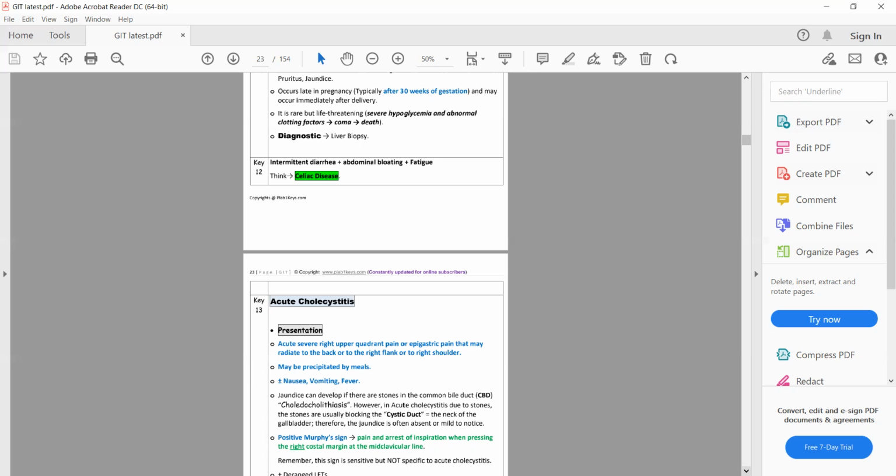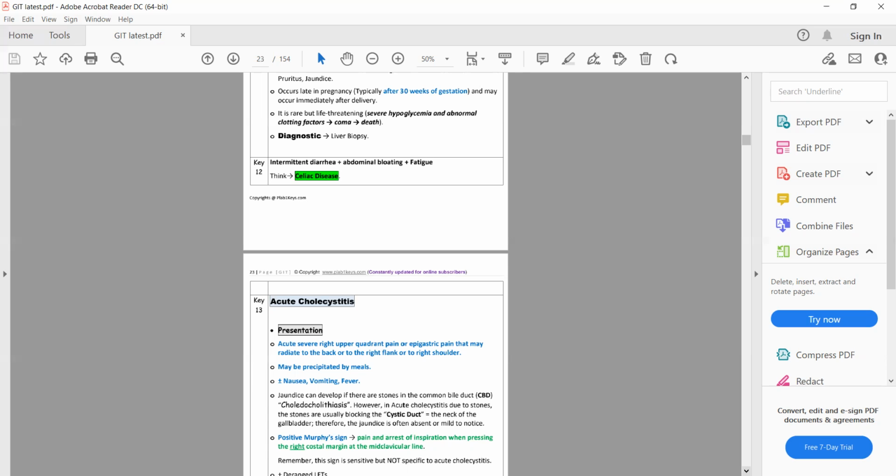So inflammation of the gallbladder will result in pain in the right upper quadrant, along with fever, nausea and vomiting, plus positive Murphy's sign.